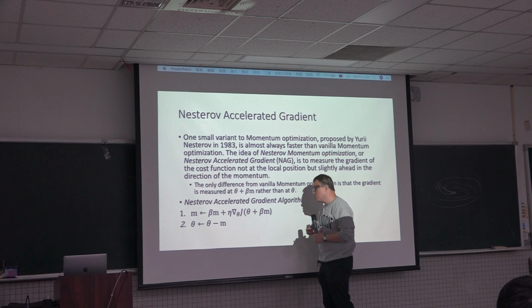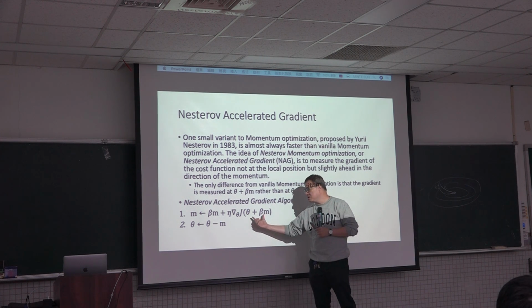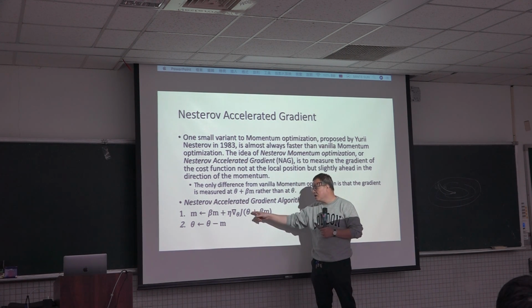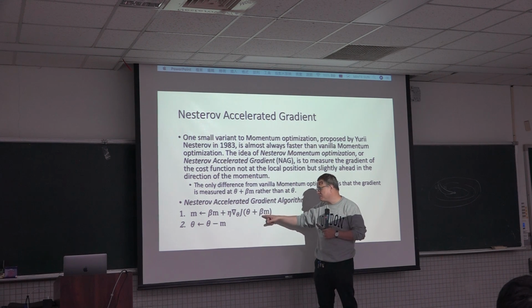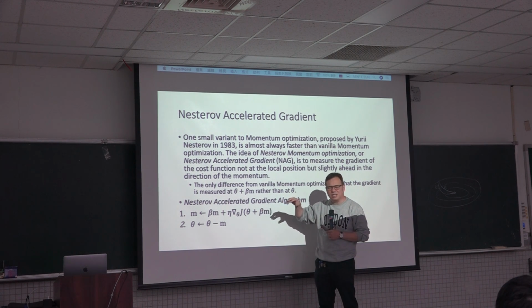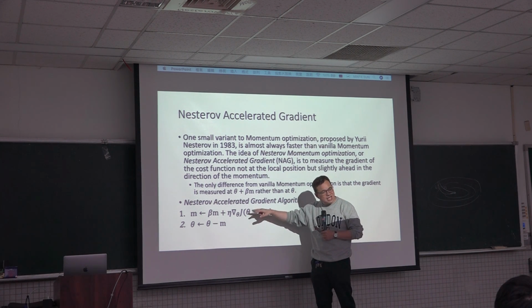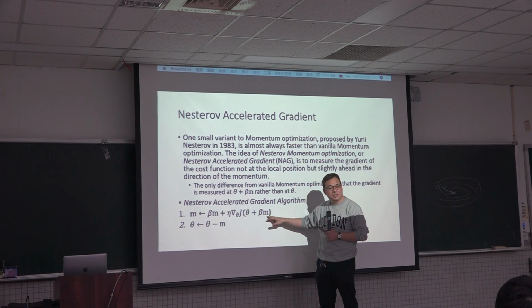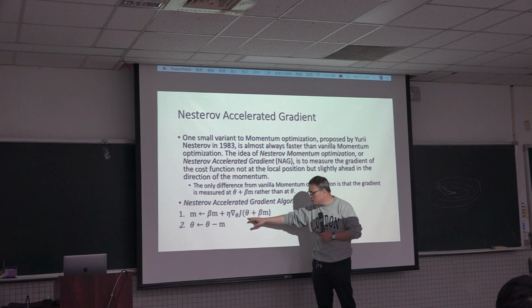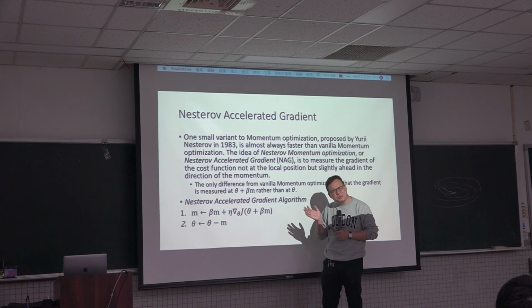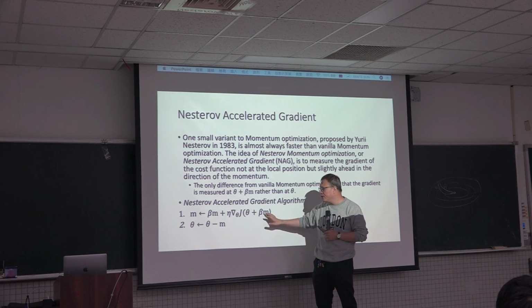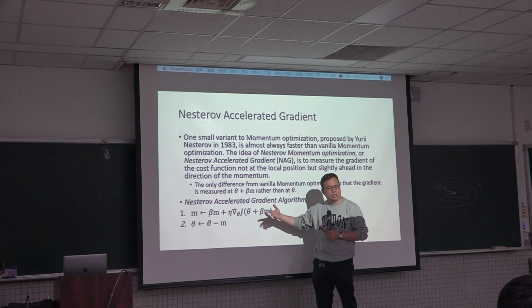In the next row, you obtain the first order gradient at theta plus beta times m. So it doesn't get the gradient from the theta place. It gets the gradient from theta plus beta m. So it gets the gradient a little bit further to where it is predicted.